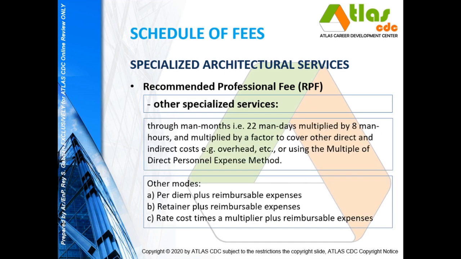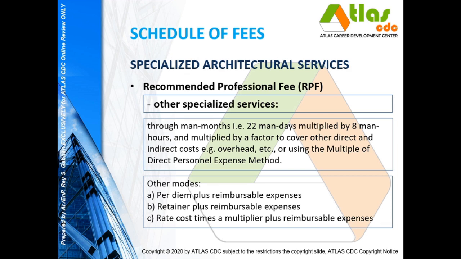Now, for other specialized services under the specialized architectural services other than the ones mentioned earlier, the RPF can be computed using the multiple of direct personnel expense. That is man-months, or 22 man days multiplied by 8 man hours and multiplied by a factor.